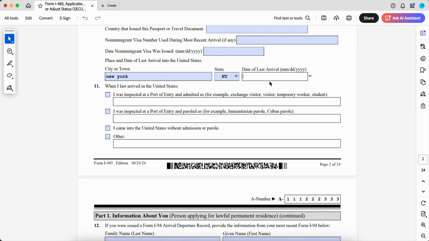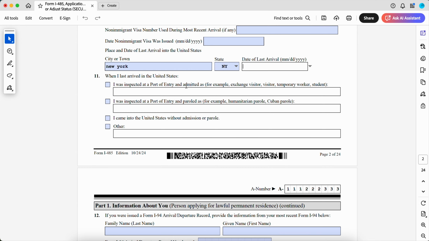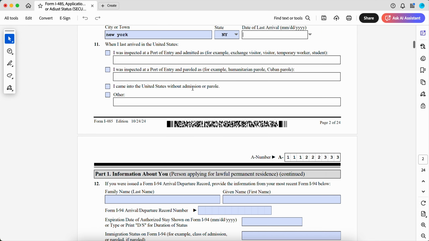Then you have to state that when you arrived into the United States, you had to be inspected at the point of entry, and your medical form and the envelope that was given to you had to be taken. So you have to type in that you were inspected at the port of entry and that you have a fiance visa. Moving to the next question.